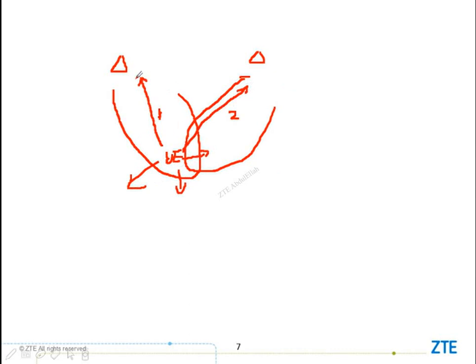This signal for cell 1 is a useful signal, but for cell 2, this signal is not useful. It's interference. So, as you can see, this is the principle of intra-RAT uplink interference. Okay. So it's very clear how to solve this problem if you have it.